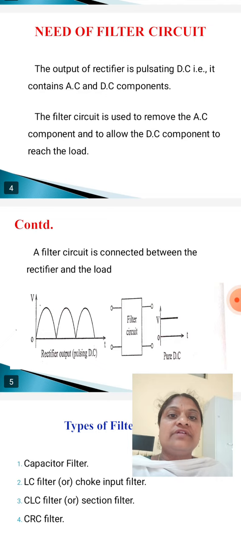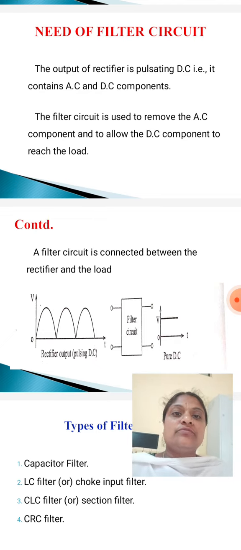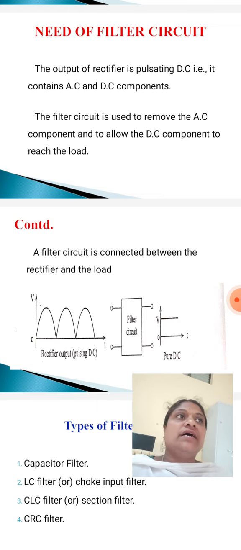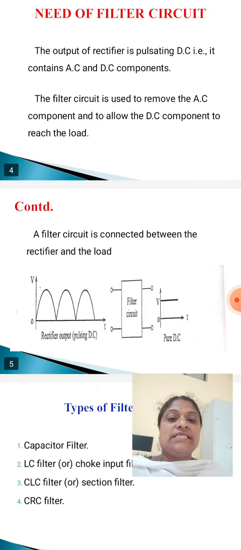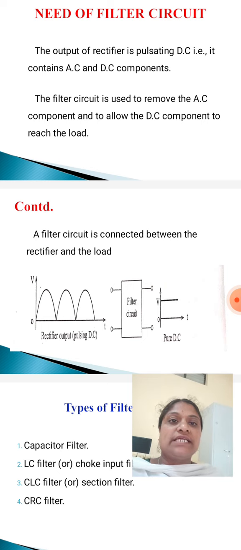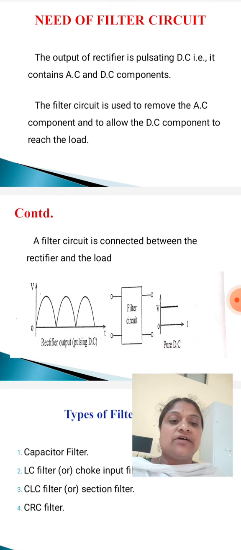The output of the rectifier is pulsating DC. The output of a rectifier, half wave, full wave center tapped, or full wave bridge, in any type of rectifier, half wave and full wave, is pulsating DC output.